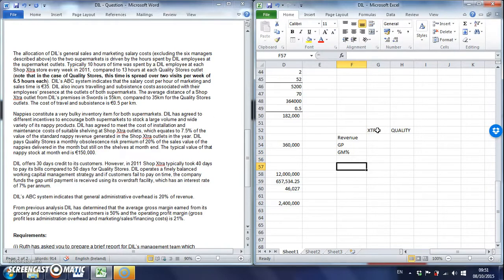And then you have a number of different costs that you want to put in, such as admin, marketing managers, marketing staff, travel, nappies, and financing. And that will get you to an operating profit and an operating profit margin.